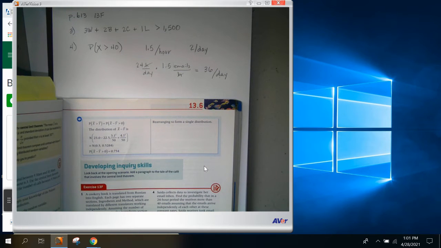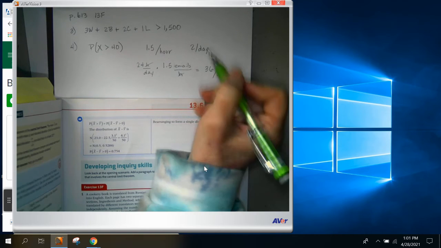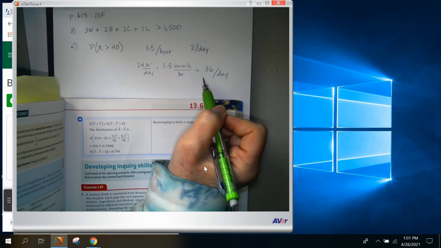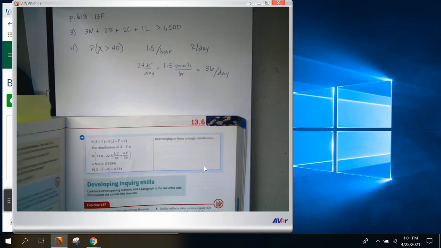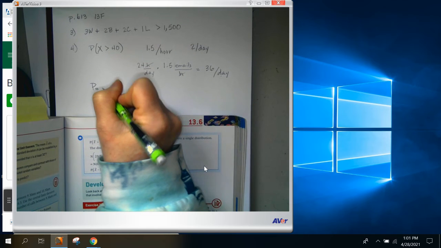And so now I can do this. It's going to be a Poisson distribution. Oh, it doesn't even say that on here, does it? But remember, we use Poisson when we have a time period. Whenever we see something happening within a time period, we're going to be using the Poisson distribution. I have 2 Poisson distributions.